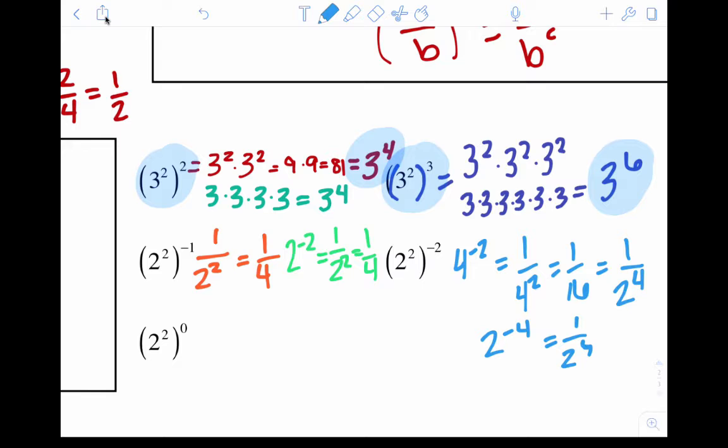So it still works out. Let's make sure it works for 0, because 0 is kind of that different one. So if I have 2 squared to the 0 power, well, I know that anything to the 0 power is 1. But what if I multiply them? So I would have 2 to the 2 times 0 power, which is just 0. So that does still equal 1.